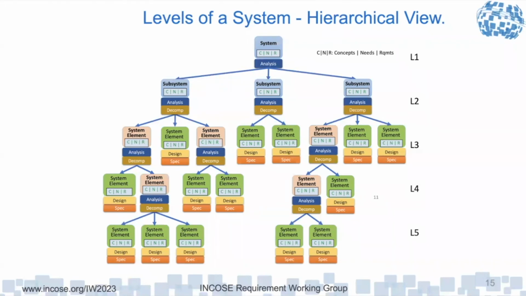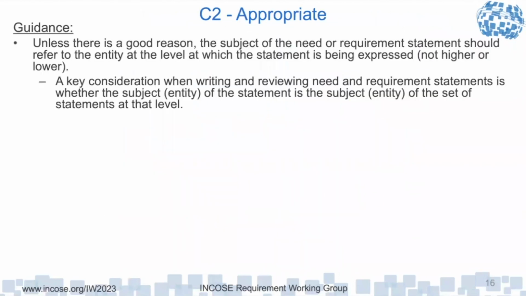We have different levels and we've got to be careful to understand what those levels are and put the requirements where they belong. The current Guide to Writing Requirements doesn't have these figures in it, so we're adding the figures and the text that go with them to help elaborate these characteristics.